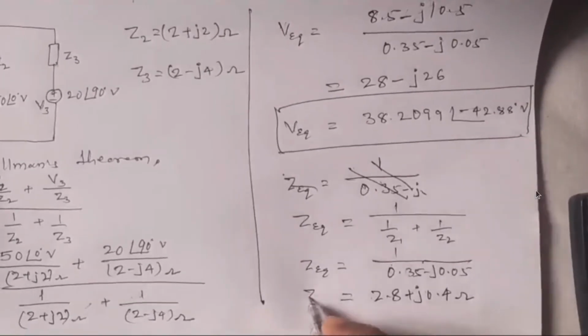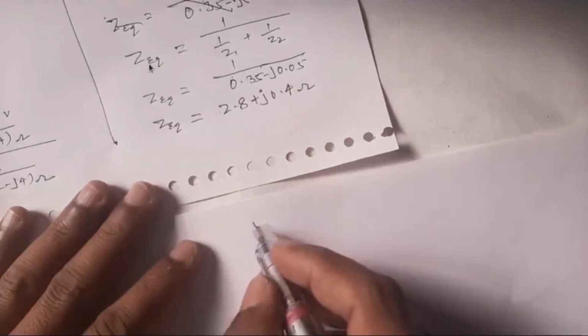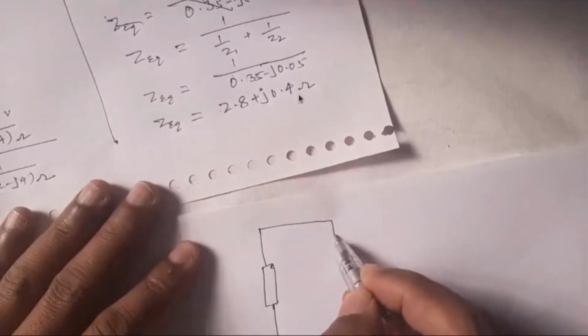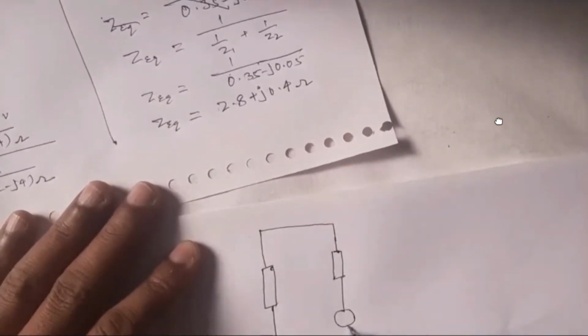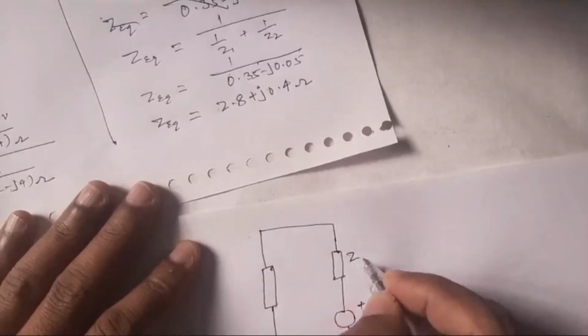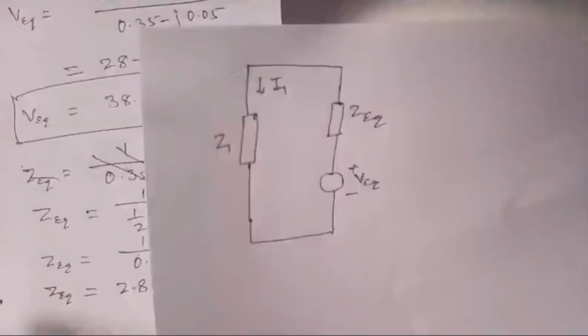This is Z equivalent. If we reduce the network, this is Z1, and here we have Z equivalent, and here V equivalent, plus and minus. This is V equivalent, this is Z equivalent, and this is Z1. We are supposed to find current through this, which is I1.